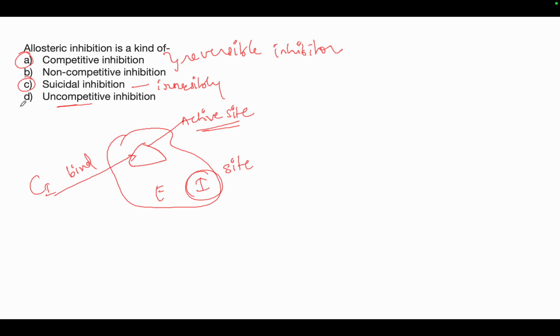Uncompetitive inhibitor, it will bind to the active site and it will also bind to some other site, which is the allosteric site. And the non-competitive inhibitor will go and bind to the other sites. The correct answer is B, non-competitive inhibitor. So allosteric site is a site other than the active site.